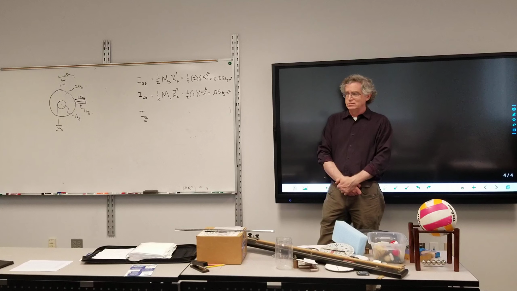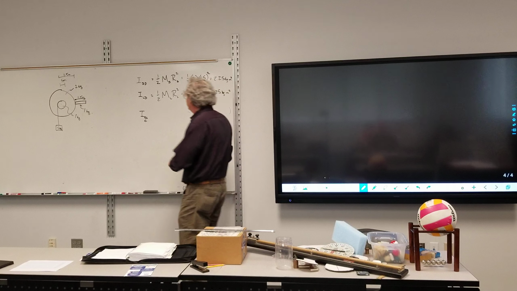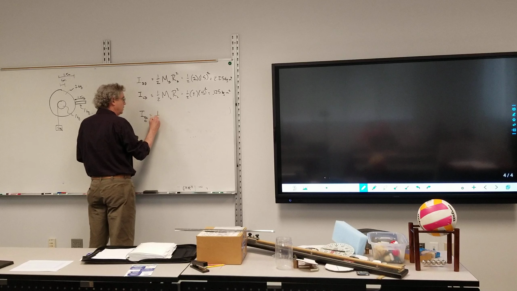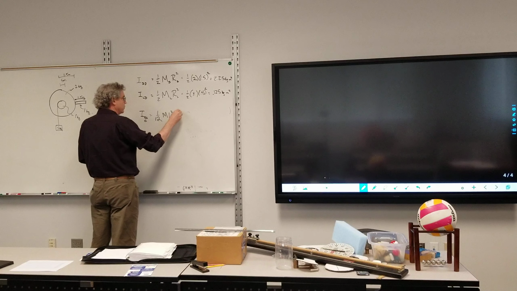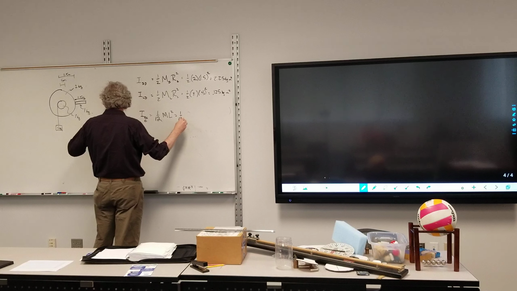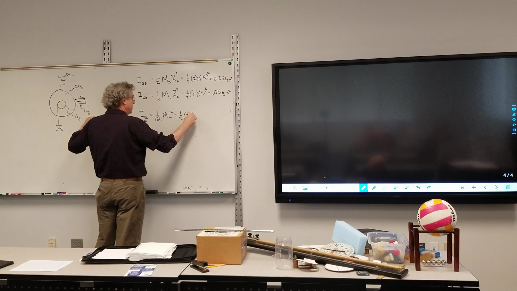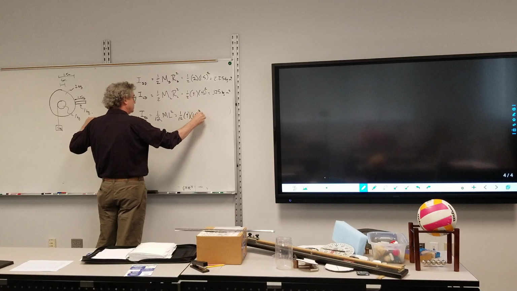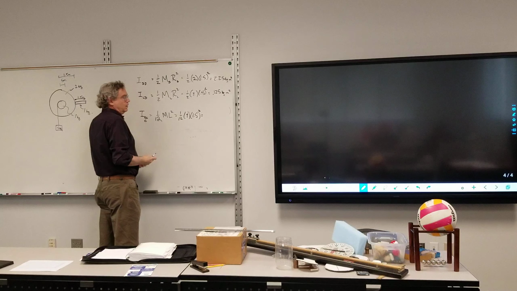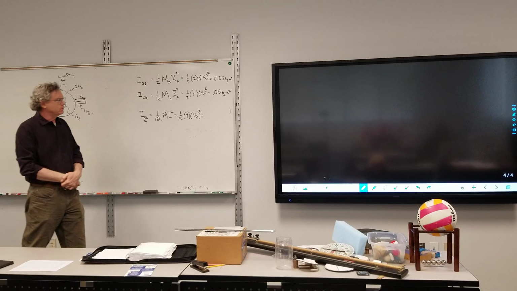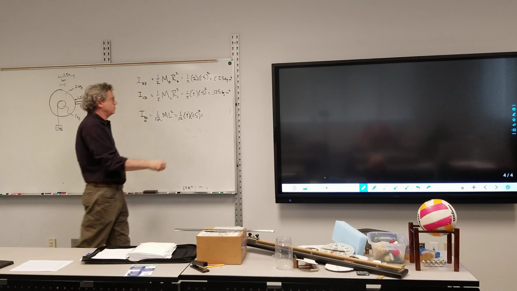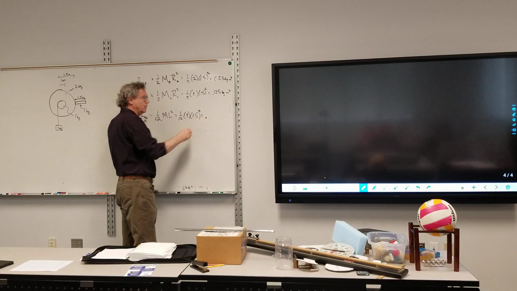Gilbert? 1/12 ml squared. And so this becomes 1/12 times my mass, which is 1 kilogram, times the length, 1.5 squared, which is point something.